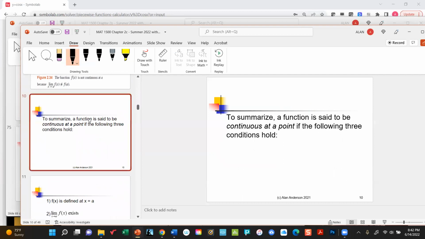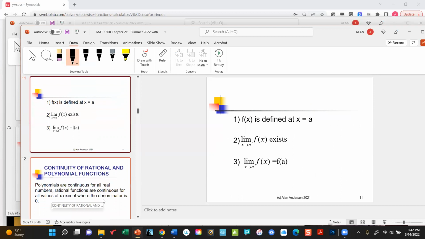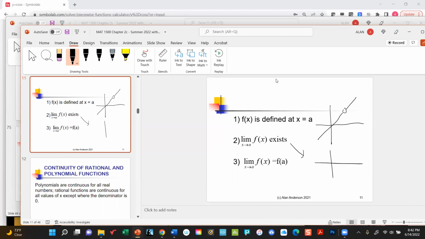Anyway, just to wrap this up, continuity at a point requires all three of these conditions to hold. f of x is defined at x equals a, and if it doesn't, we have the hole case. The limit exists. If not, we have something like this.